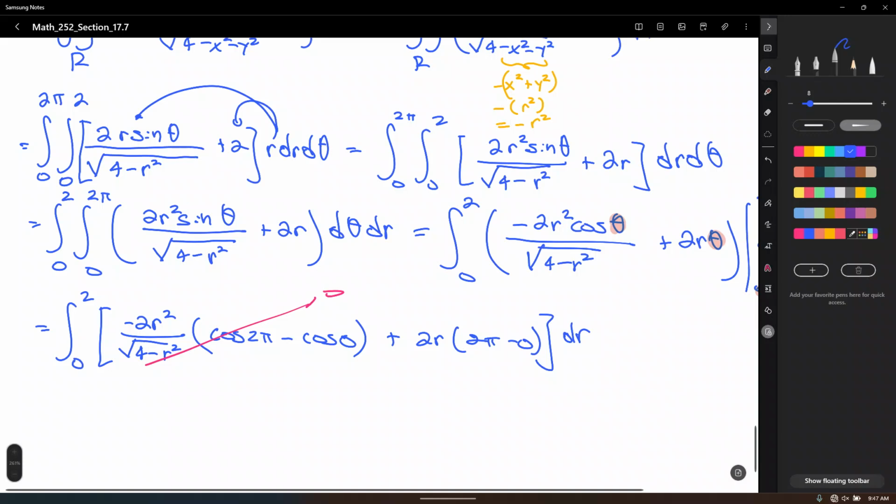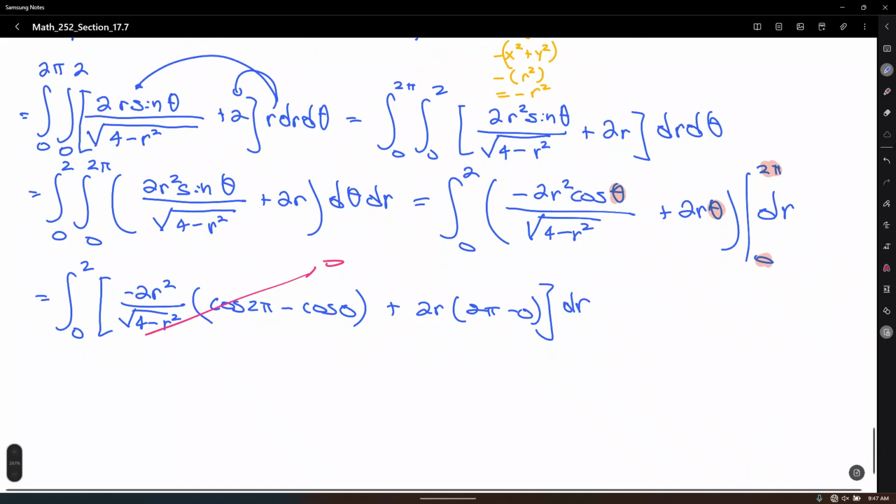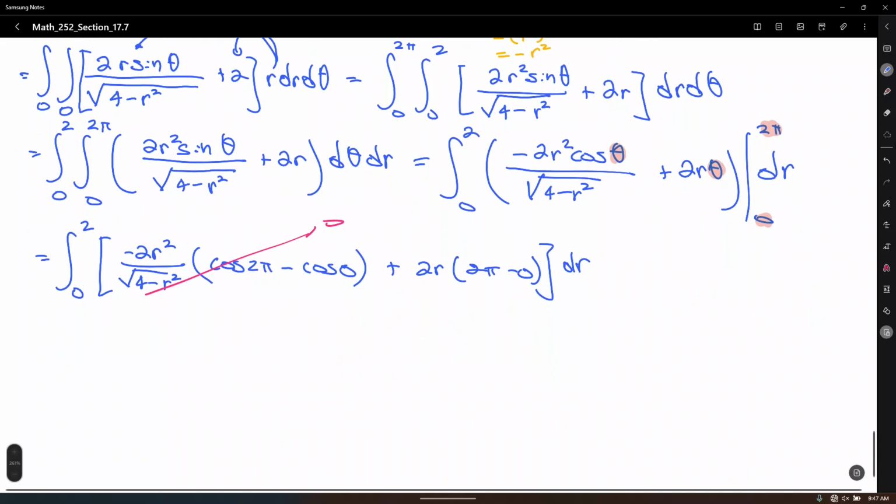If you want to try the other way, again, story mode versus hero mode, you want to go hero mode, go for it for the sake of practice at home, right? Okay, so that is the integral from 0 to 2 of 2r times 2 pi.